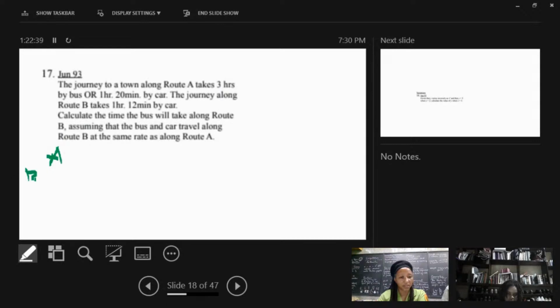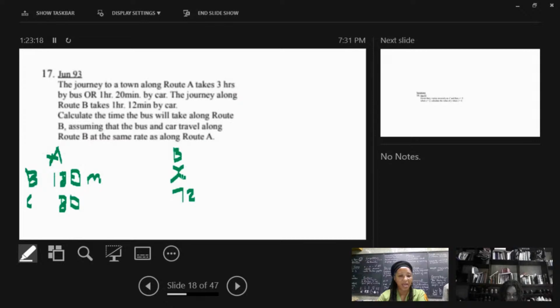The car takes 1 hour and 20 minutes, which is 80 minutes. And on Route B, the car takes 1 hour and 12 minutes, so that's 72 minutes. And they want to know what the bus takes, right?